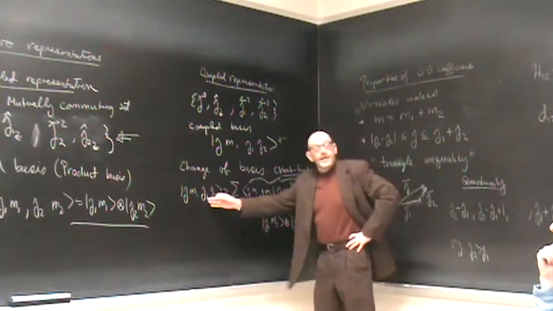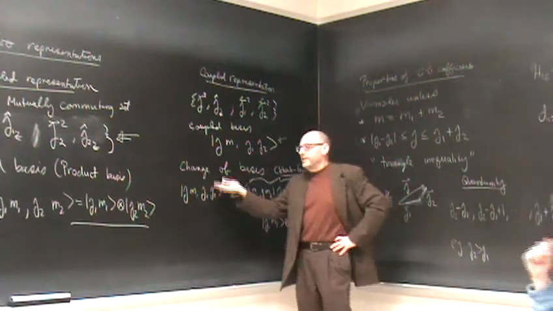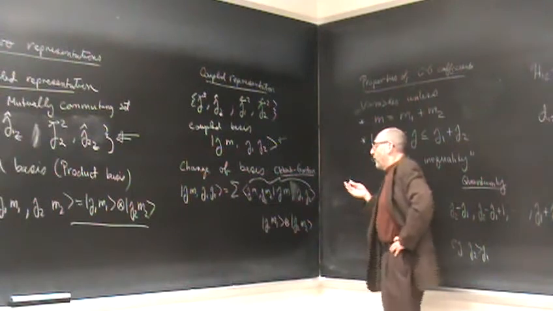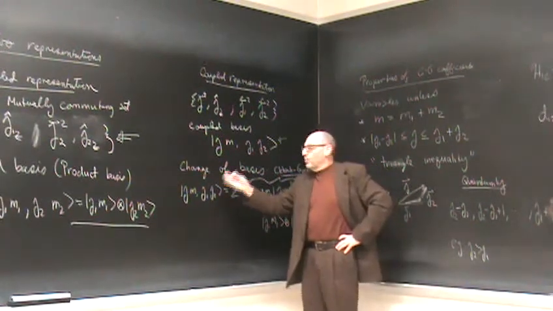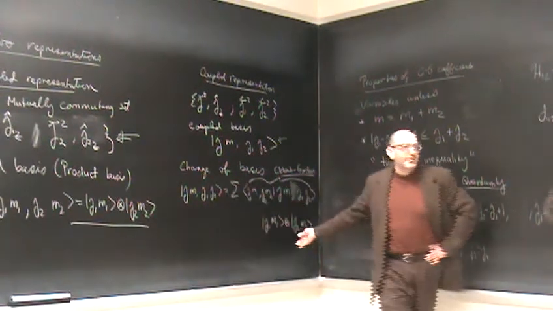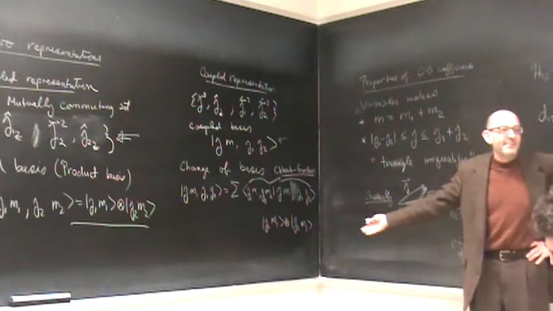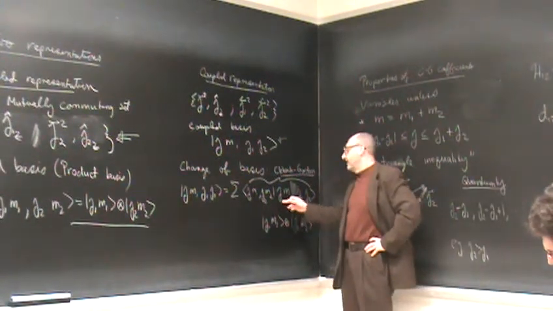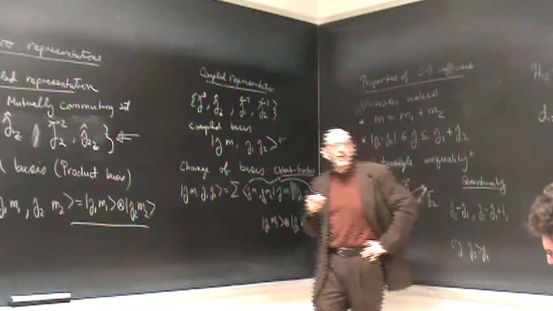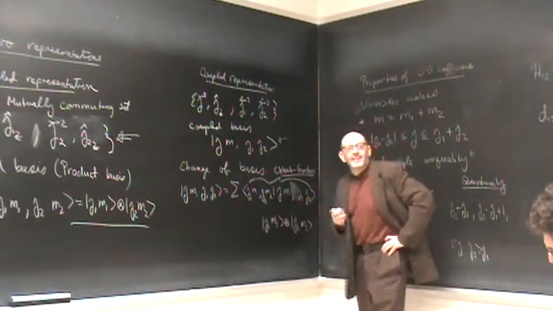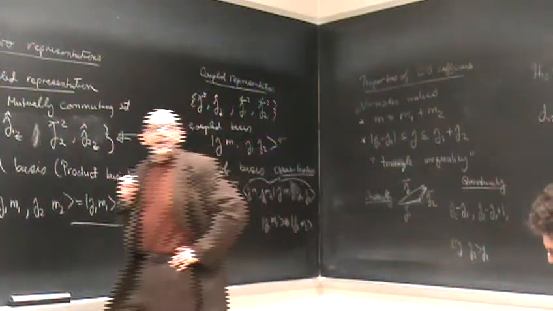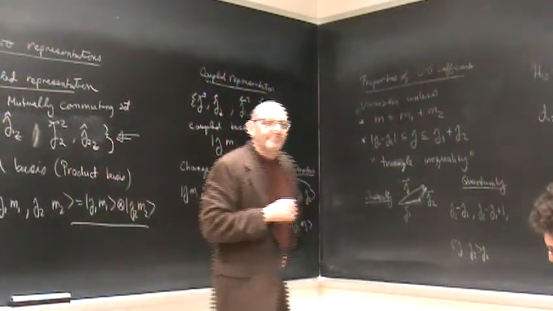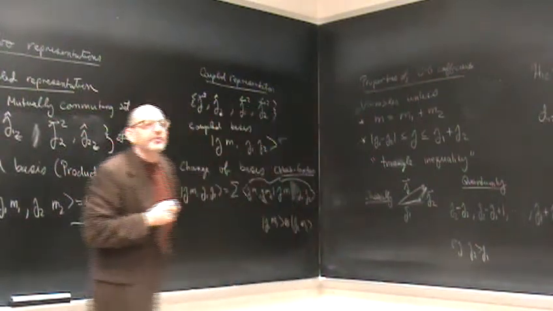As we were just saying, the two representations span the space, and so I can always expand one basis vector as a superposition of the others, right? And these expansion coefficients have a name. They're called the Clebsch-Gordan coefficients. We'll be studying them a lot a little bit later in the semester.